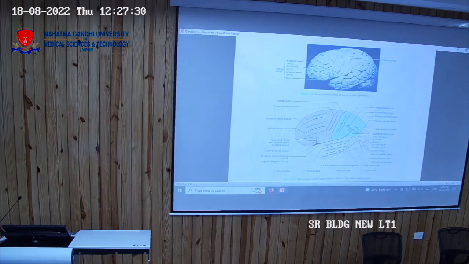Now I am telling you the important parts. Look at the posterior end of the posterior ramus of the lateral sulcus. This one, okay, and this is the part of the superior temporal sulcus, and this is the inferior temporal sulcus.